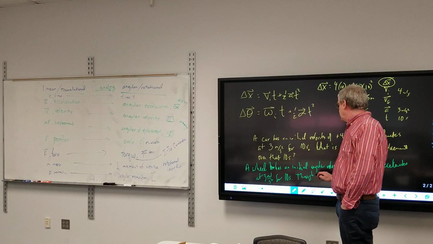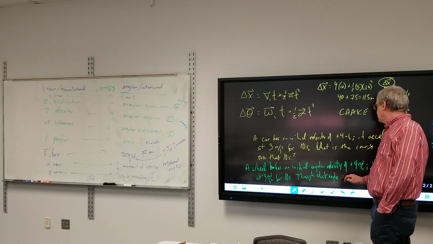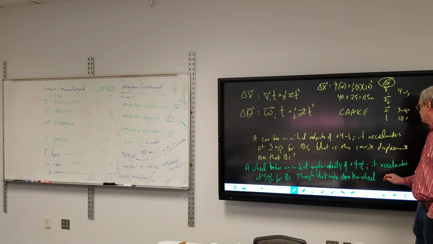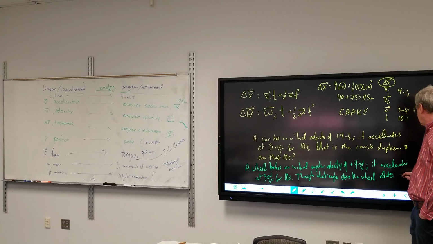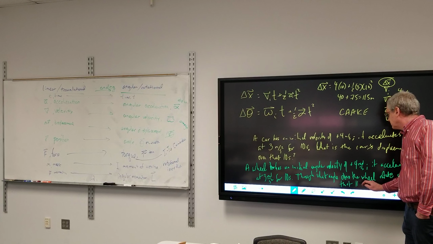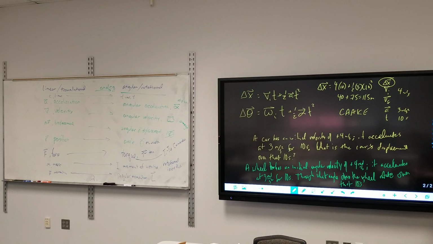Through what angle does the wheel rotate over that 10 seconds? Under 15 radians.